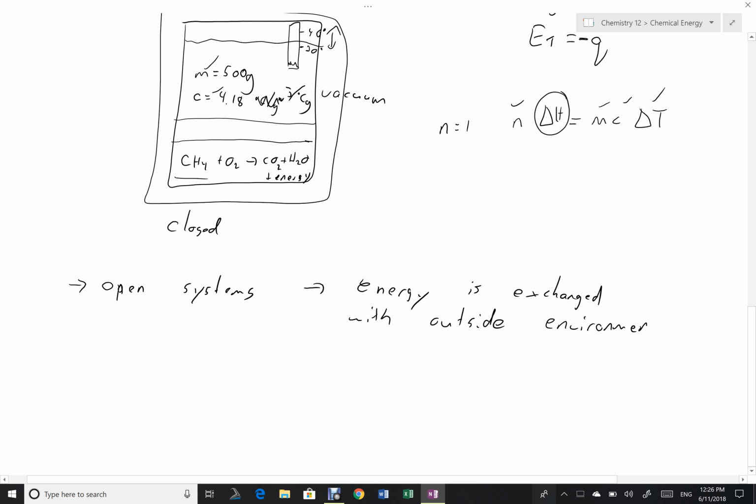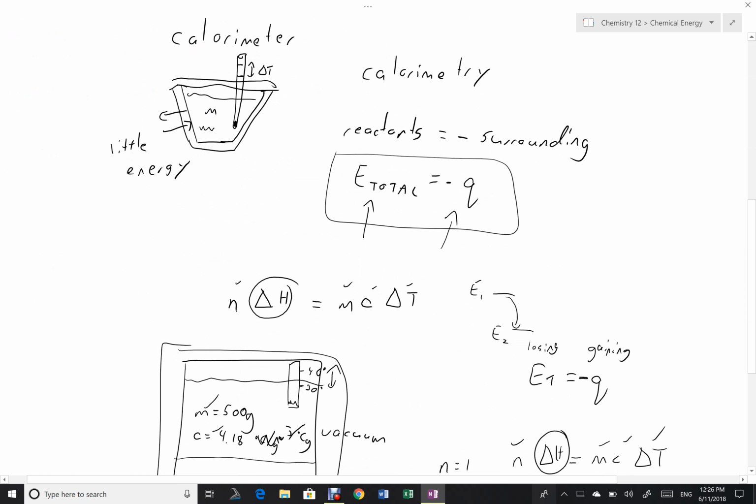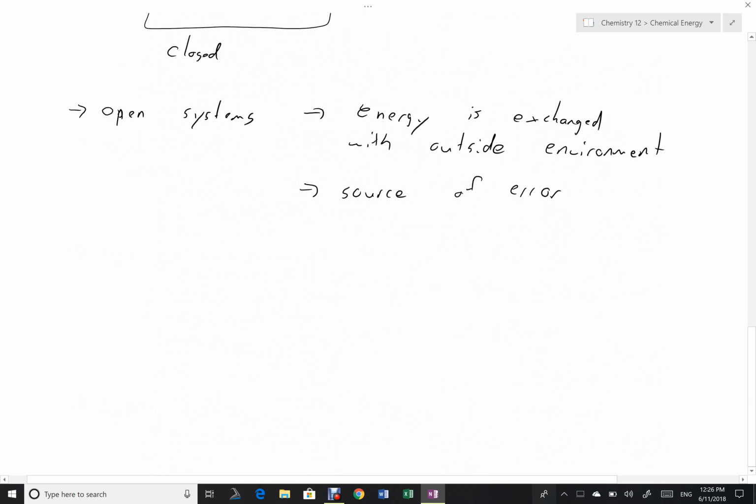And this is probably our biggest source of error when doing calorimetry experiments. So that's what a closed system is, and that's how we use a closed system to figure out what delta H's are, or to do experiments with thermal energy.